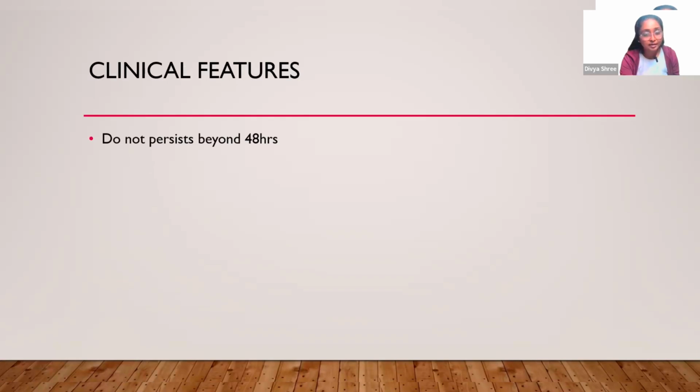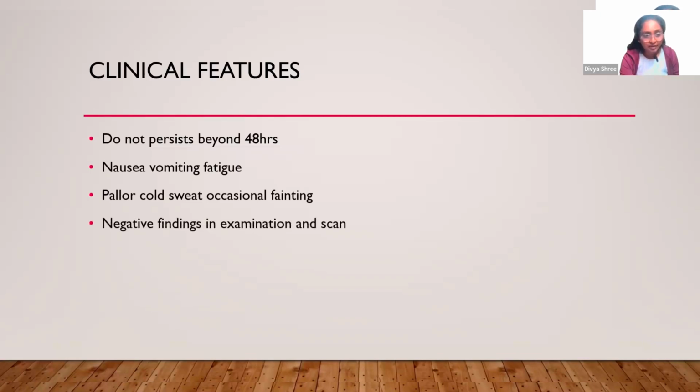But in secondary dysmenorrhea, the pain mechanism is entirely different, where there is some other pelvic pathology occurring, and the pain persists even after the cycle and before the cycle. The patient might experience nausea, vomiting and fatigue because she is having a lot of pain, and these are reactionary things. She might have sweating, feel cold, and occasionally she might faint.